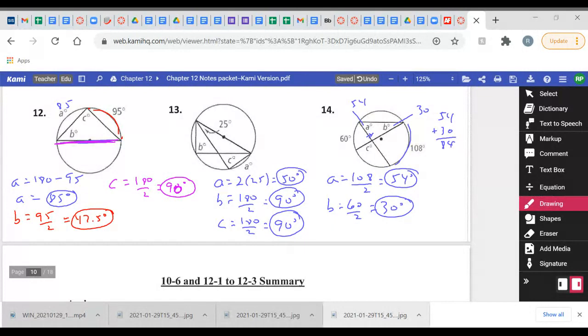And so if we go 180 minus 84, then we end up with 96. Okay, so if we know that this angle is 96, and we see that these are vertical angles, which must be congruent, then we know C also has to be 96. So that was a good way to get that one figured out.